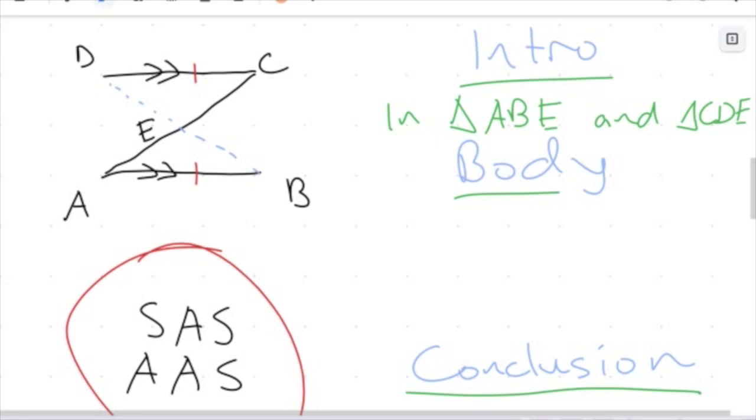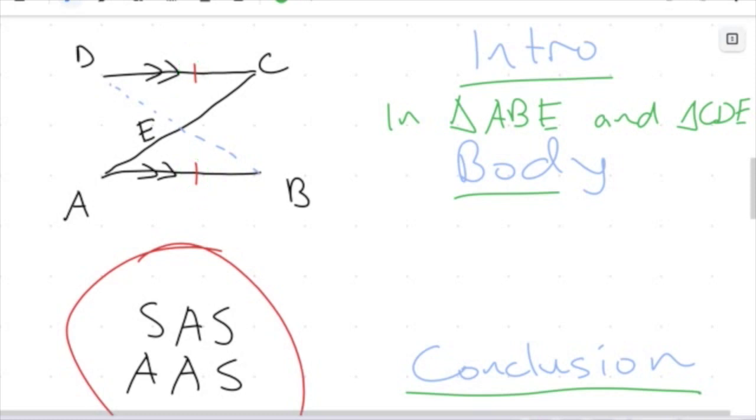Now, because these are opposite sides of a parallelogram, I know, based on what we know about parallelograms, that this side and this side are equal. That is given to us by the definition. And we can also see it because I have these markings here. For it to be a parallelogram, the opposite sides have to be equal.